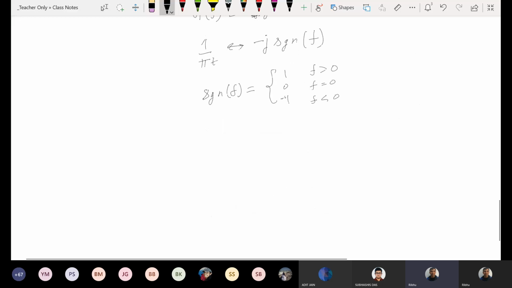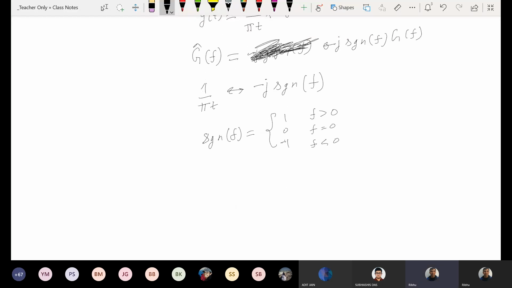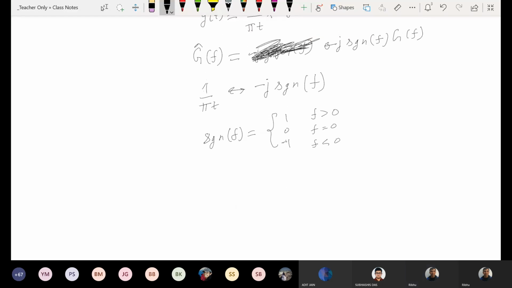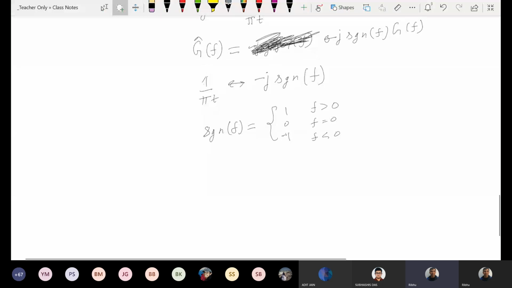So we'll keep this here and just move down. So I'll write g of f again. This is buggy. Yes, now it's working. G hat of f equals minus j sine of f g of f.